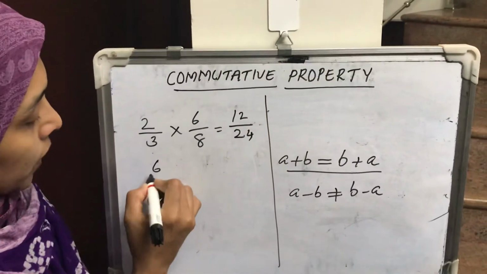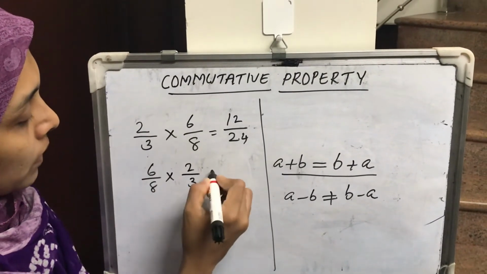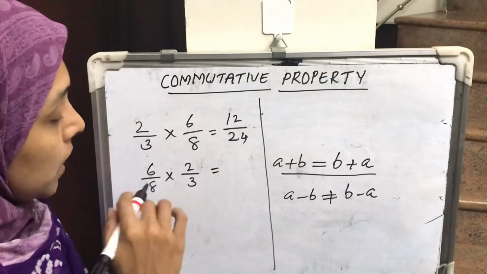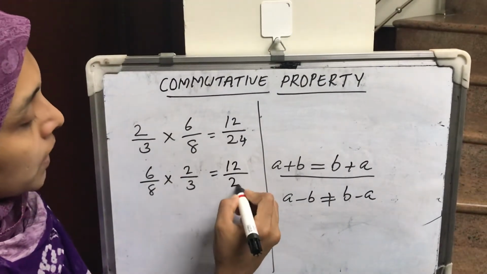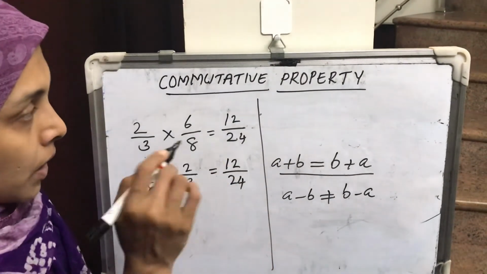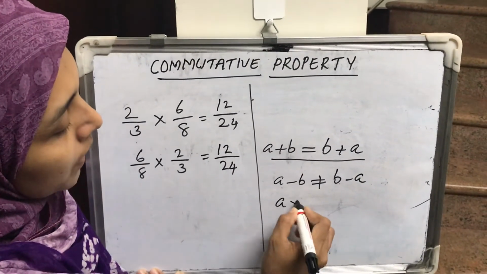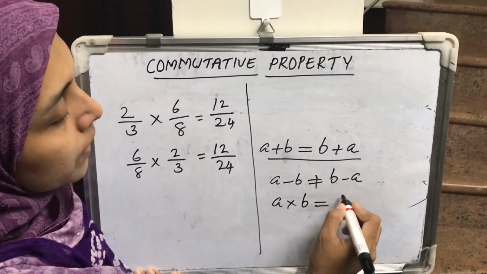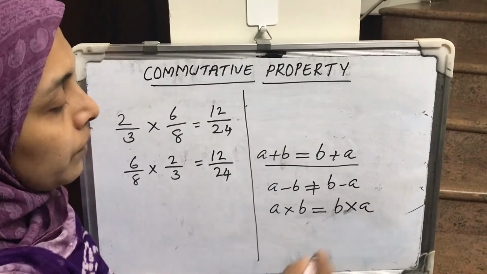The same product we will get when we multiply 6 by 8 with 2 by 3. See it? That means when we change the order of the numbers, there will not be any change in the product. That property is called commutative property under multiplication. That means A into B will be equal to B into A.